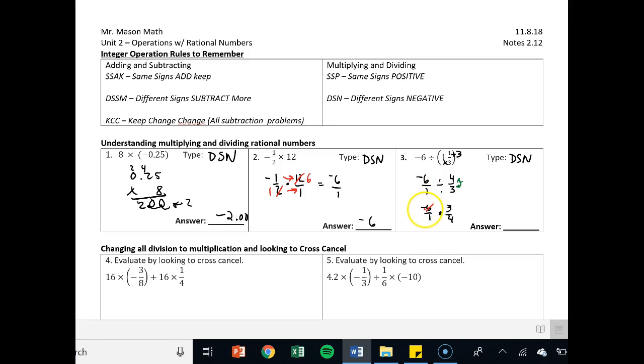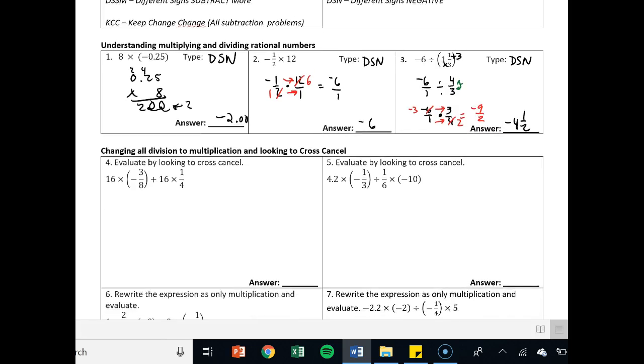So negative 6 becomes negative 3, and 4 becomes 2. Multiply straight across, and you get negative 9 over 2. Obviously 2 goes into 9 four times with 1/2 left over. So that's a basic general review of how to multiply and divide rational numbers.